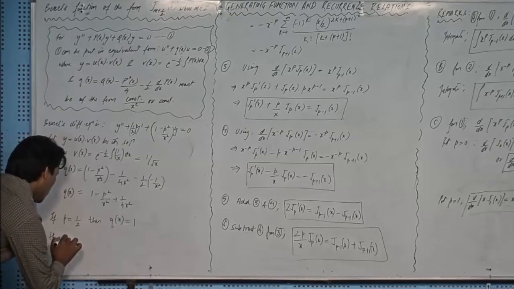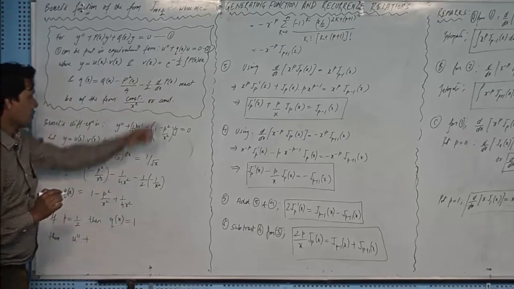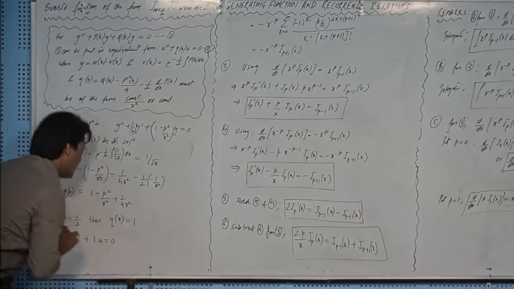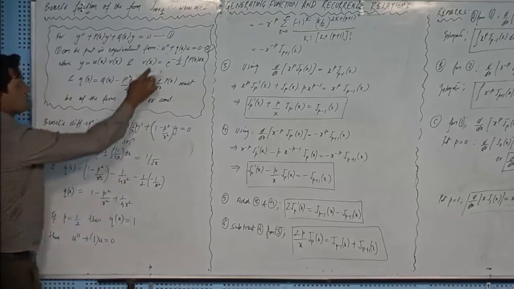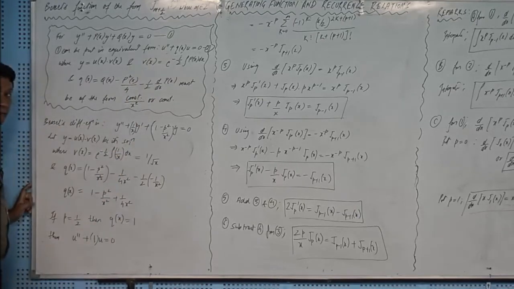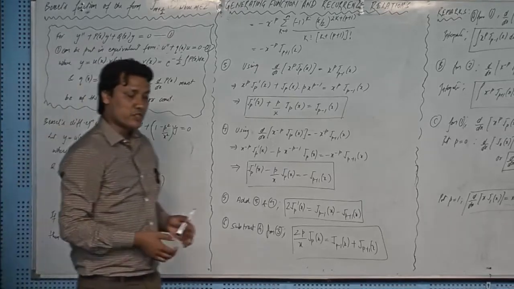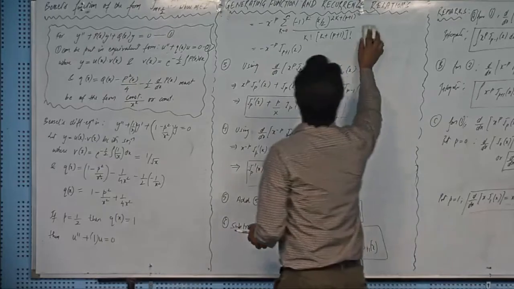Then the transformed differential equation will be u double dash plus qx, which is 1, u equal to 0. This will be your differential equation from this, right? Differential equation of the second order, and you can solve it, write its auxiliary equation, that will be m square plus 1 equal to 0, and you will get m equal to plus minus iota as its roots.